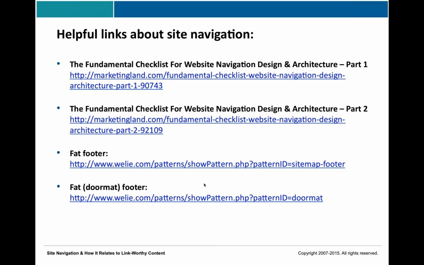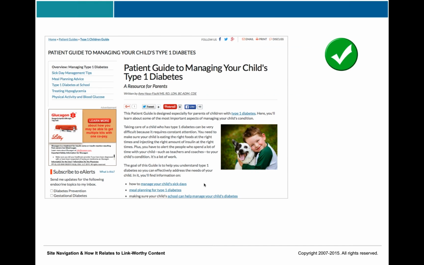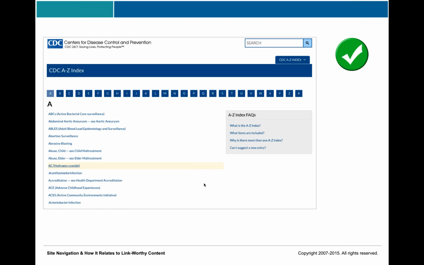But that single slide that Shari showed, where it gave the visitor to that page a sense of depth of topic, that there's more than one article on this website about type 1 diabetes. That is a page that a linker is going to hit and say, these guys know what they're talking about, without really having to read very much.